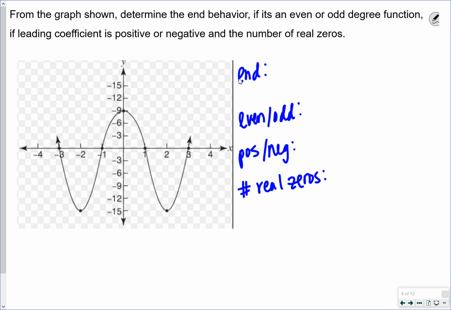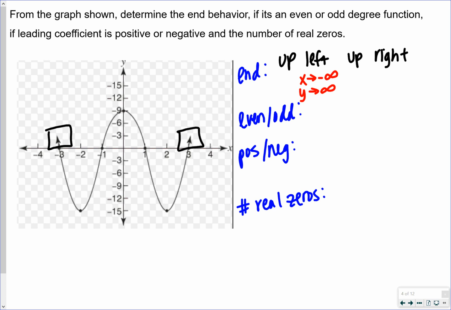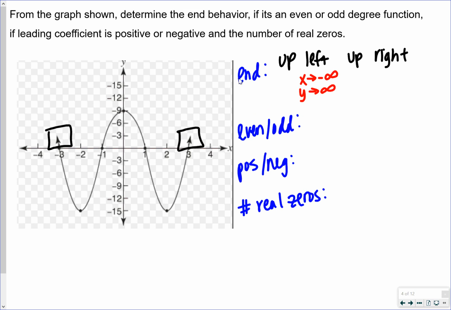So my ends are both going up. So I am up on the left and up on the right. Left is an x value that is negative. So as x is going towards negative infinity, I'm going up. My y value is going towards infinity. On the right, x is positive, and up again means positive for my y.